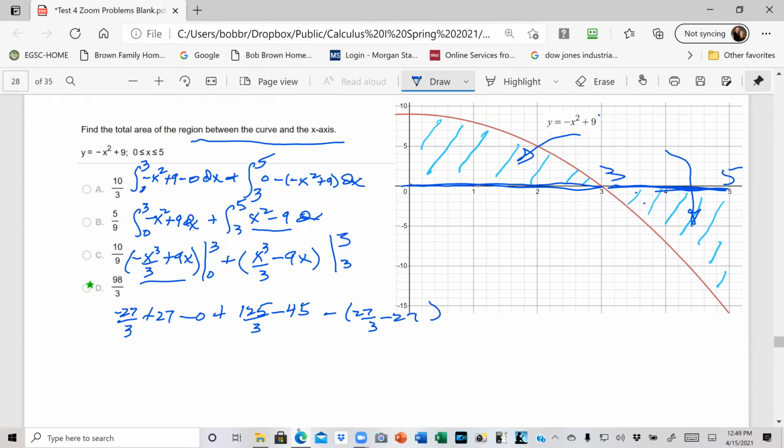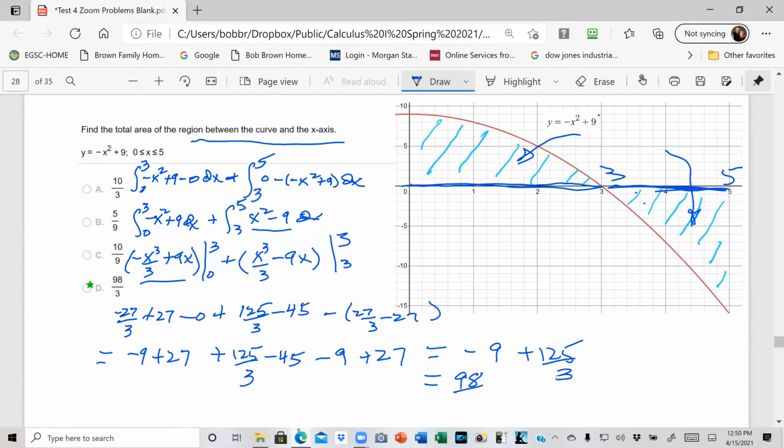And this is equal to minus 9 plus 27 plus 125 thirds minus 45 minus 9 plus 27. And if you simplify this, you get minus 9 plus 125 thirds, which is equal to 98 thirds. And that is the area of both of these pieces here.